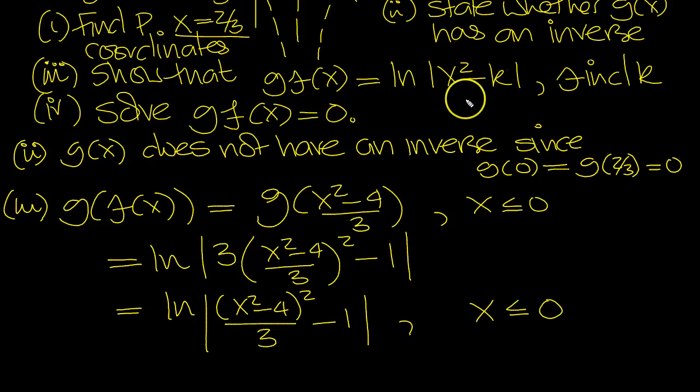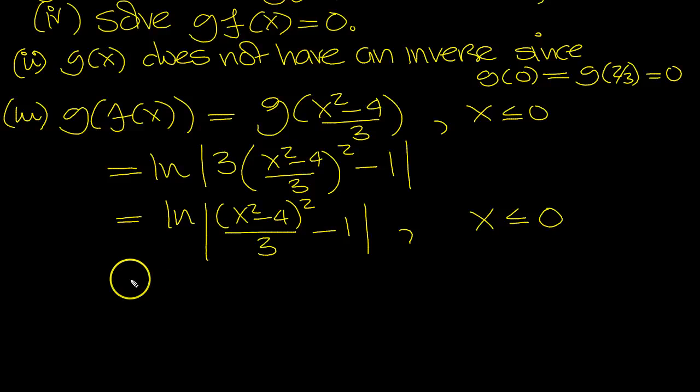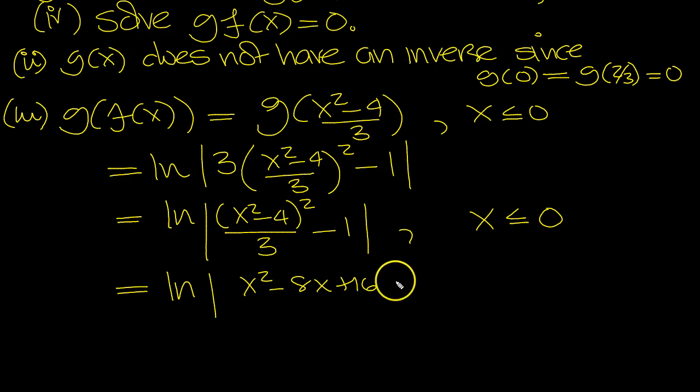So we better see what we can get from this then. Let's have a look at it. It's log of x squared minus 8x plus 16 minus 3 over 3. Okay, so that's equal to then.